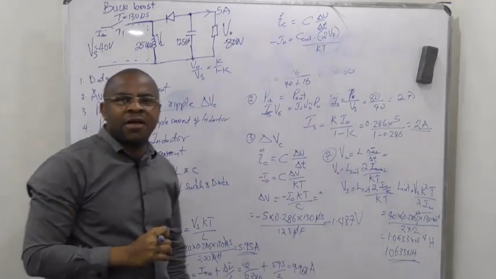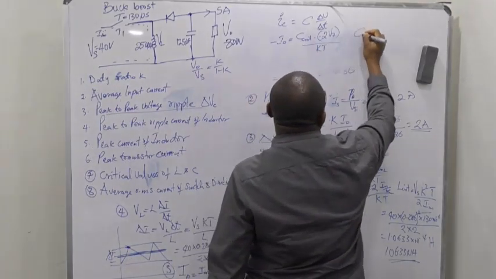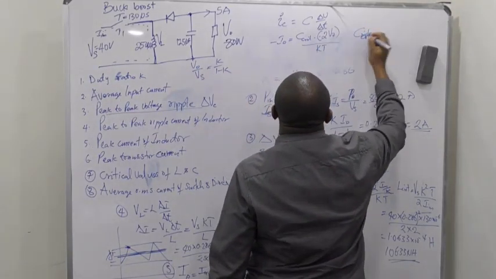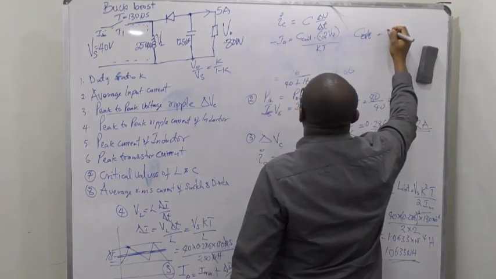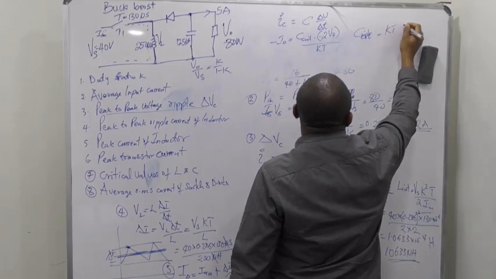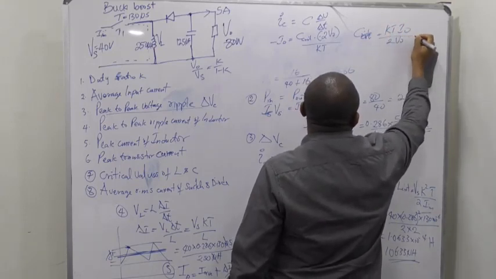So you can easily calculate the critical value C critical to be minus KT IO all over 2 VO.